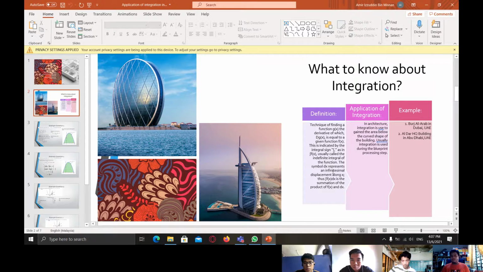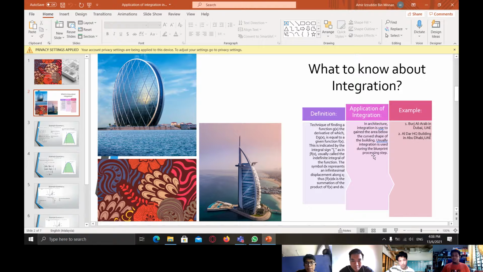The dx represents an infinitesimal displacement along x. Thus, the integral is the summation of the product of f(x) and dx.